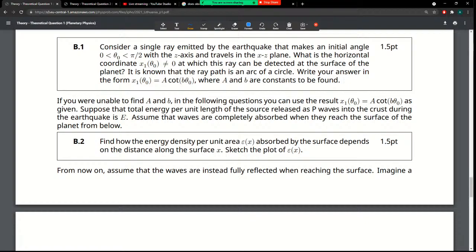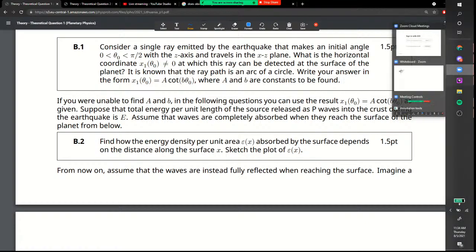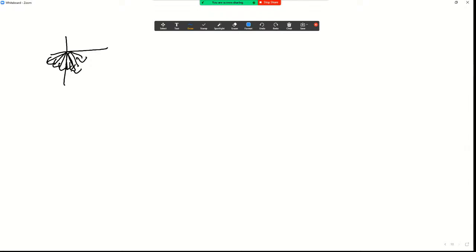Okay. So they have not given the function of energy that is emitted with respect to theta. So I guess we can treat it as radiated equally in all directions. So we can consider a d theta element, like this area.